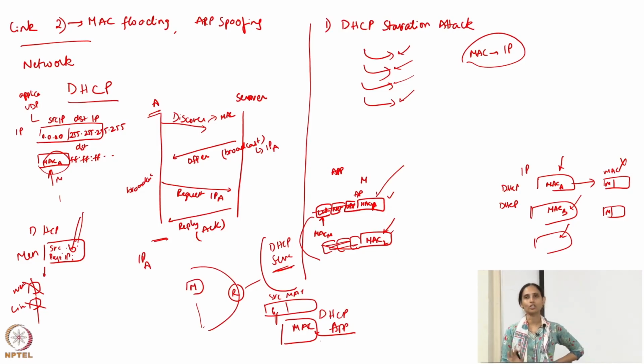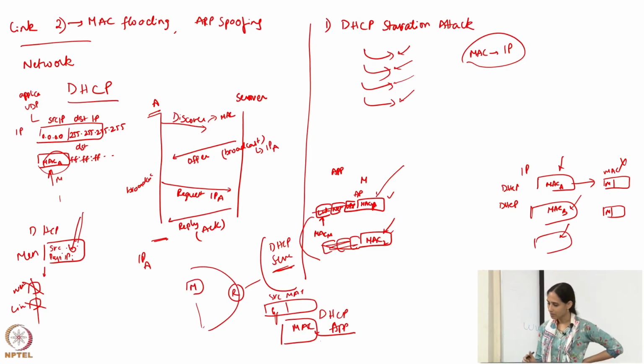If people have launched these types of attacks, what often happens in these situations, where the DHCP server is outside, is that there is a DHCP relay deployed here.